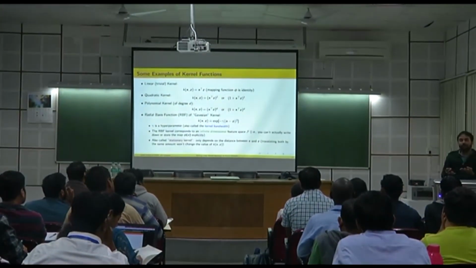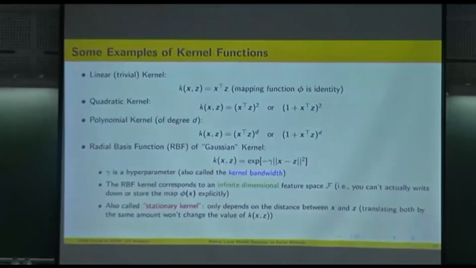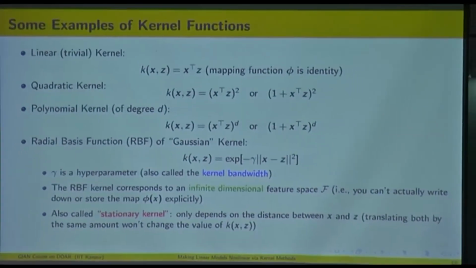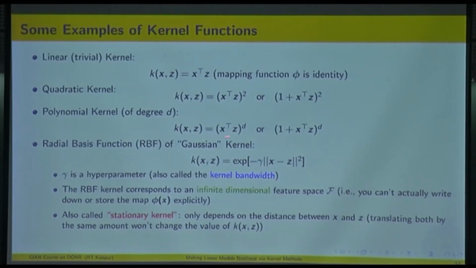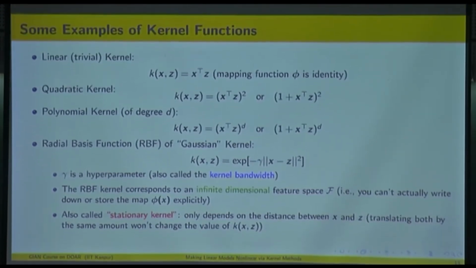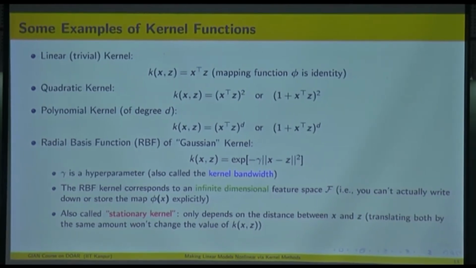A stationary kernel simply means that the value of the kernel function only depends on the distance between the data points. The polynomial kernel is not a stationary kernel, because it's not in the form of x minus z squared. It's actually x transpose z squared, or 1 plus x transpose z to the power of something else. So stationarity simply means that the value of the kernel function only depends on the distance.